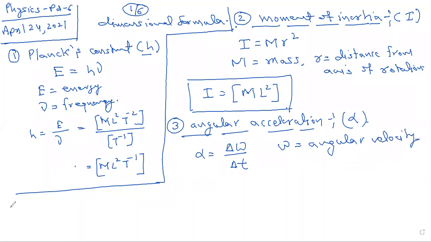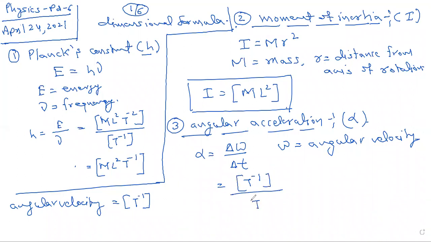Here I am mentioning angular velocity. Its dimension is T⁻¹. So this is T⁻¹ upon T. So this will be T⁻². Got it? This is angular acceleration.